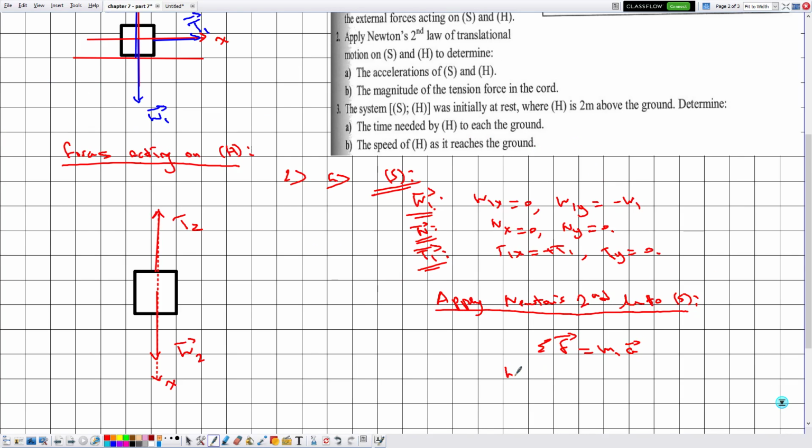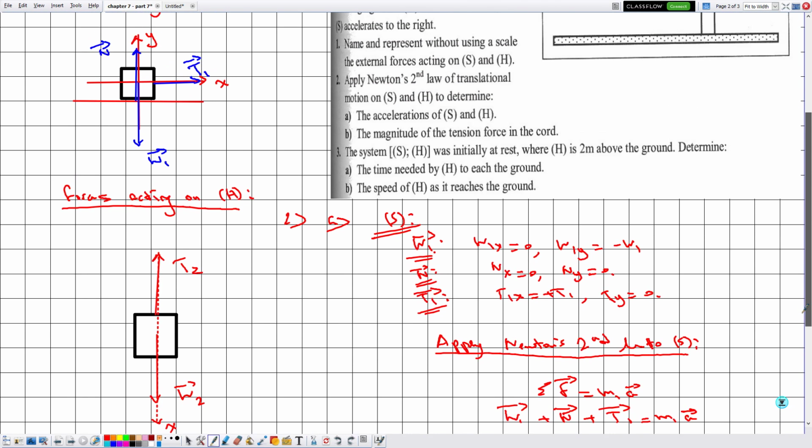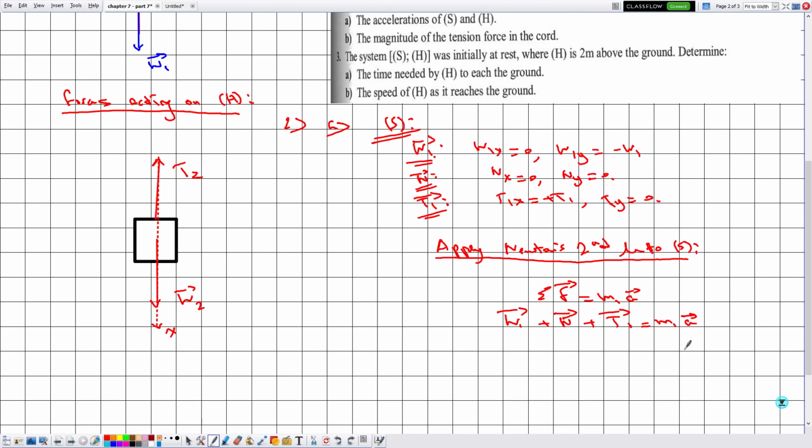We have W1 plus N plus T1 is equal to m1a. And recall that in order to deal with vectorial equations, we need to project. Here we'll project along the x-axis in order for T1 to appear in the equation.